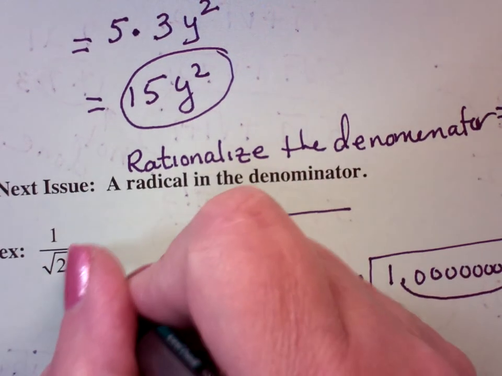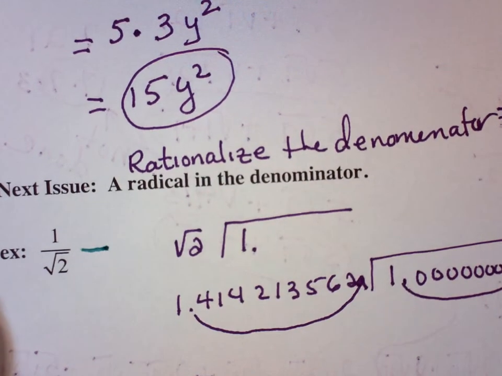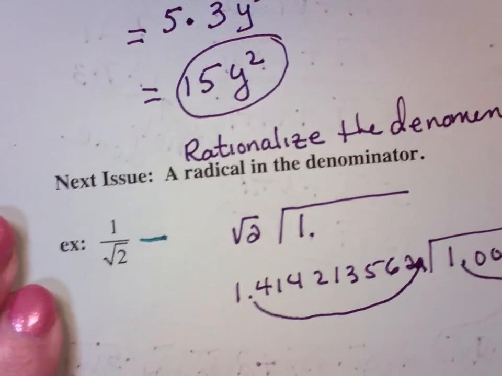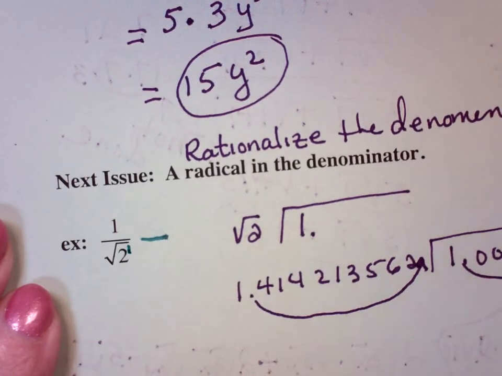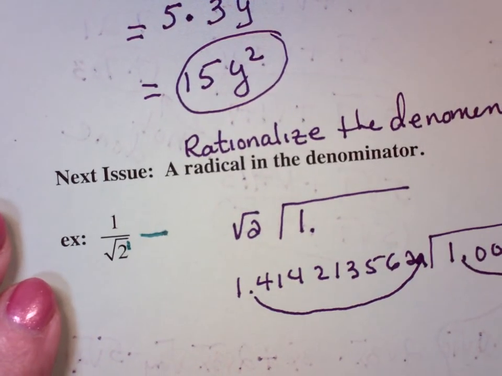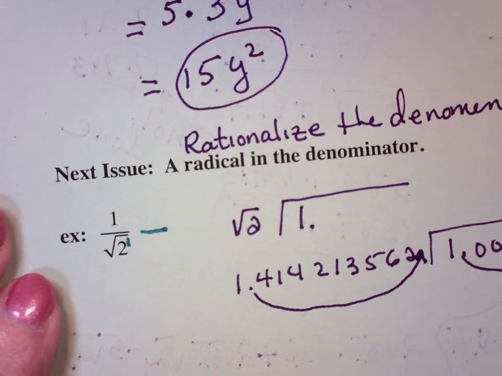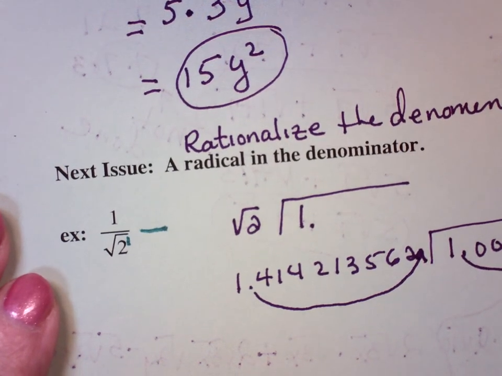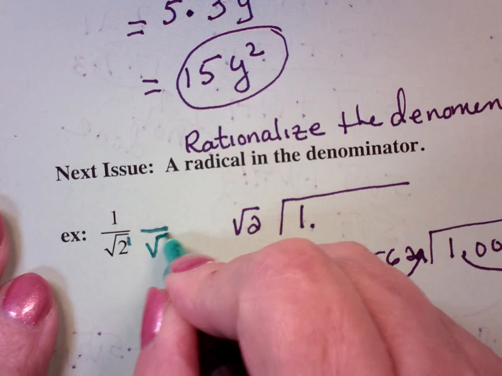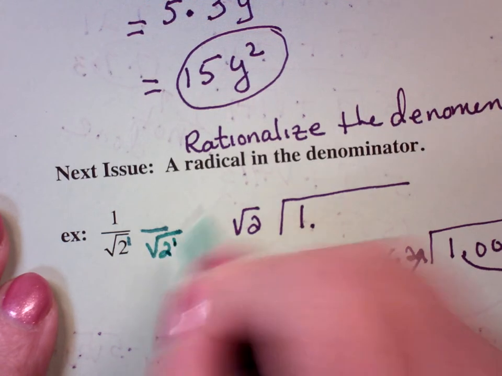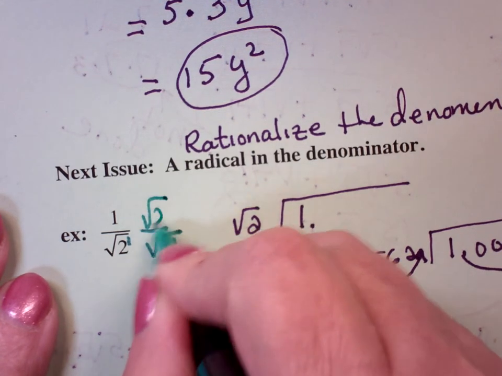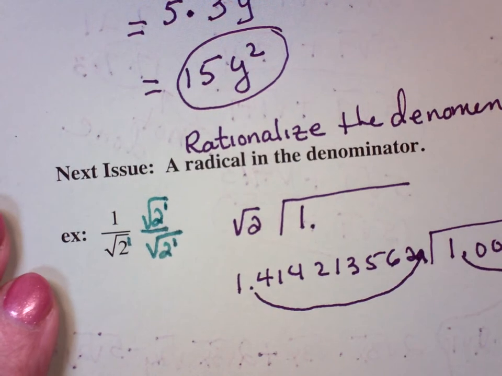For us, it's just an exercise in understanding what rationalize the denominator means, which means take the radical out of the denominator. Now, how could I get rid of the radical? By making the denominator a perfect square. The concept is this is 2 to the 1. In order to be a square, I need a 2 to the 2. So I would multiply the denominator by a 2 to the 1 and the numerator by a 2 to the 1. I'm multiplying by 1.